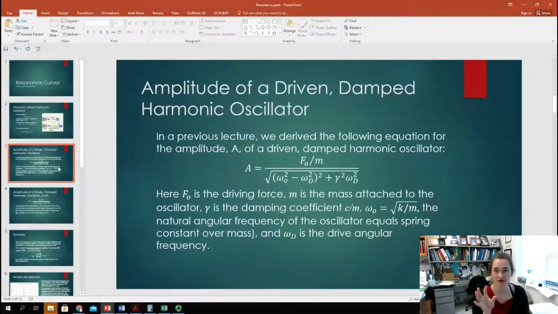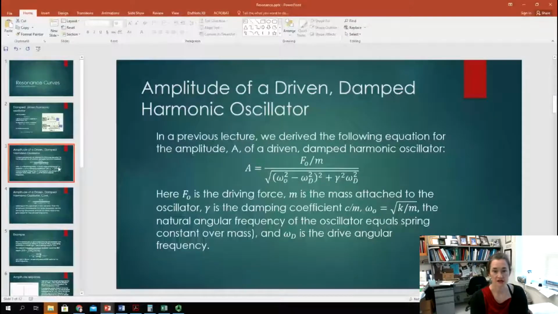Now I'm going to focus in on this equation for today. So let's talk about this. The amplitude of the damped driven harmonic oscillator, which I called A, is equal to F naught over m divided by the square root of (omega naught squared minus omega drive squared) squared plus gamma squared times omega drive squared.